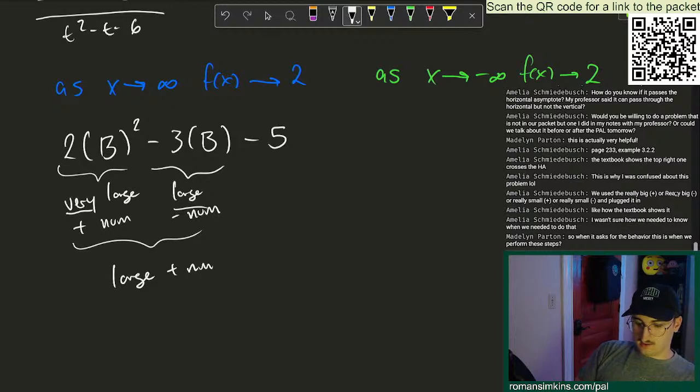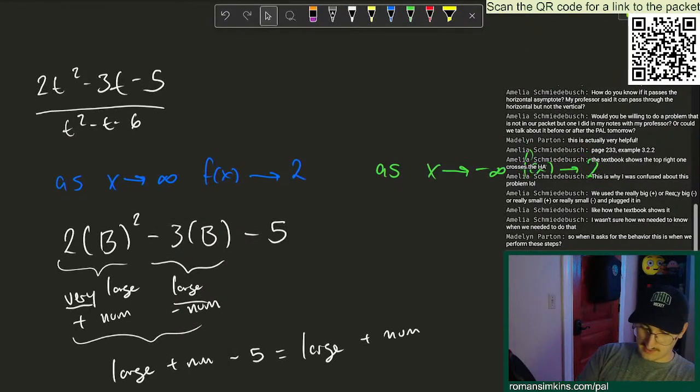And it's not too much of a stretch to believe that a very large positive number minus 5 is still very large and positive. So in the blue case, the numerator is a large positive. That's what we know so far.